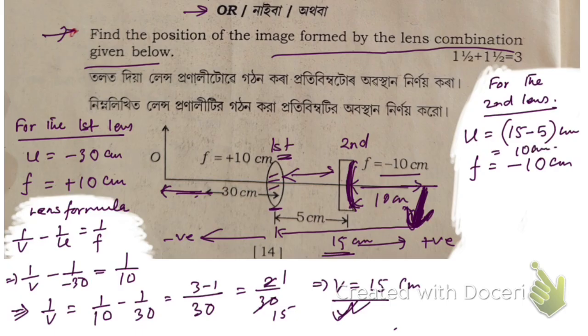So now let's find v. 1 by v minus 1 by u is equal to 1 by f. So here 1 by v minus 1 by 10 is equal to minus 1 by 10.